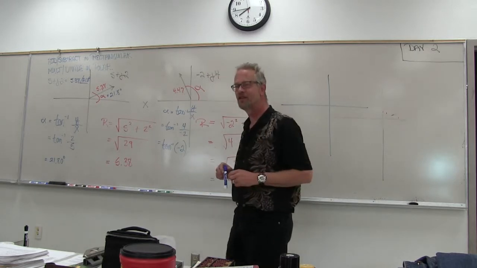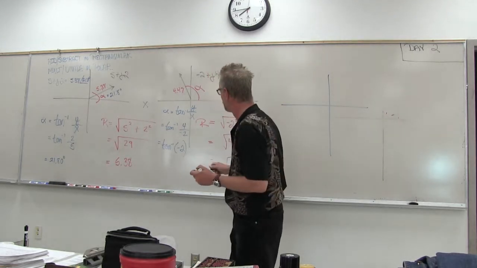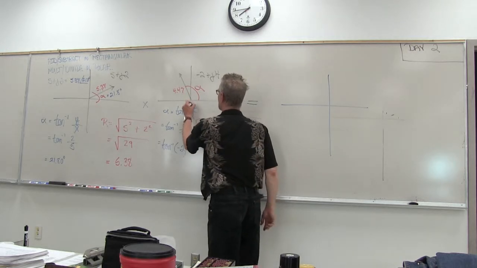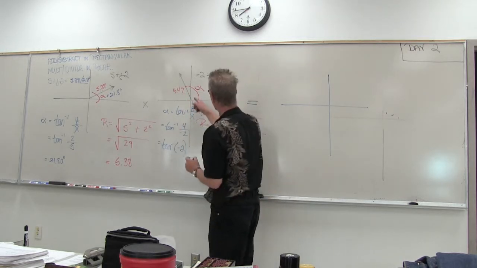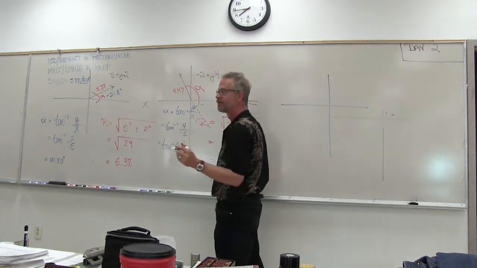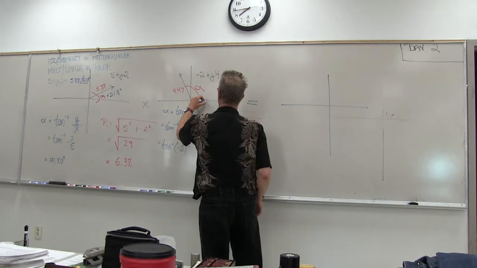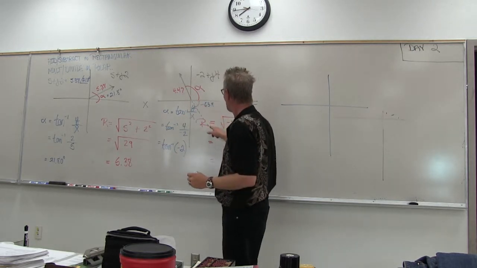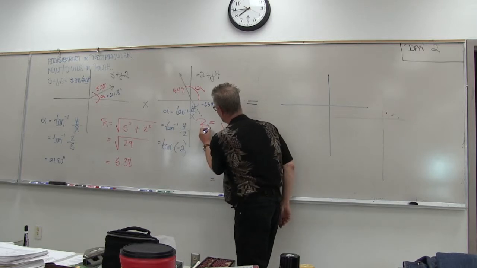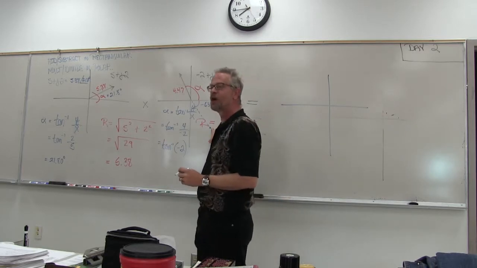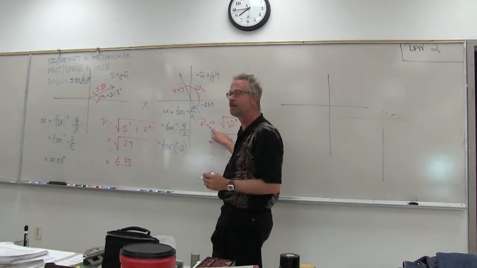Here's why I have to teach you how to do this on your calculator. Okay? If you look at this, you'll notice that a straight line can exist at an angle of negative, how much was it? 63.4. And if I look at that point, I have a plus and a minus x and y. Do you see that?